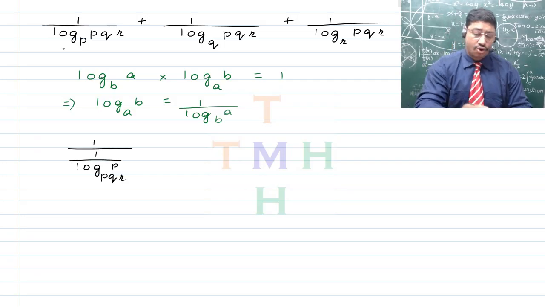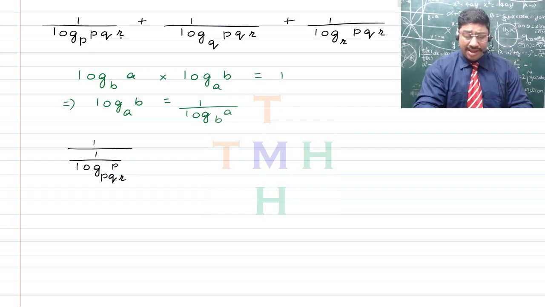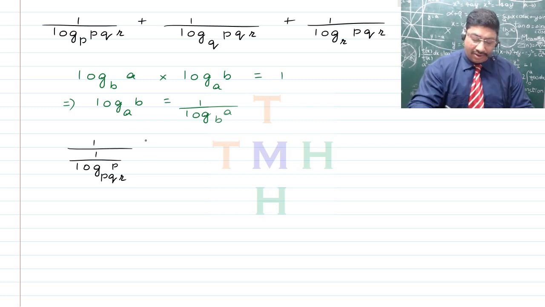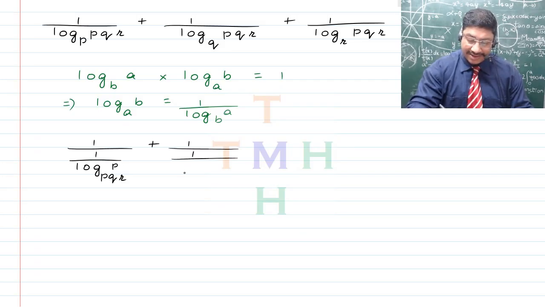So if we have log of pqr to the base p, then it becomes equal to 1 upon log of p to the base pqr, like what we looked at here. And now in the second term, in a similar way, we will have 1 divided by log of q to the base pqr.